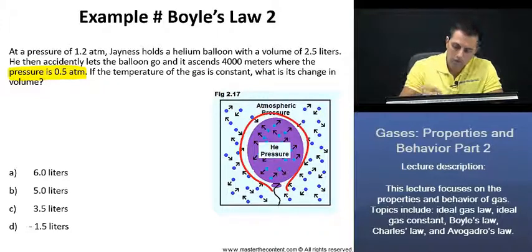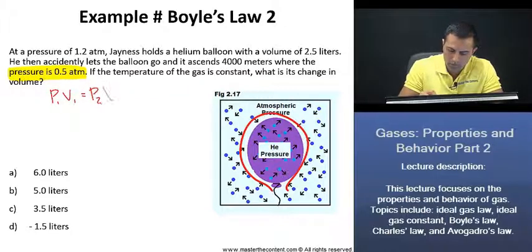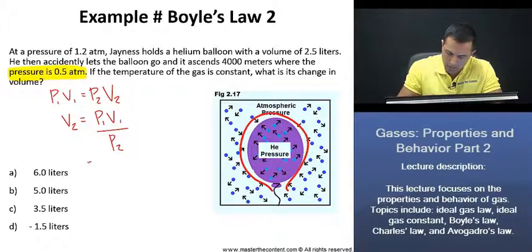We'll begin with our equation as follows. P1 V1 equals P2 V2, and we're looking for V2, right? Thus, our equation becomes as follows. Excuse me, that should be P2 there. Now, if we go ahead and plug in our values, we were given P1, 1.2 atmospheres.